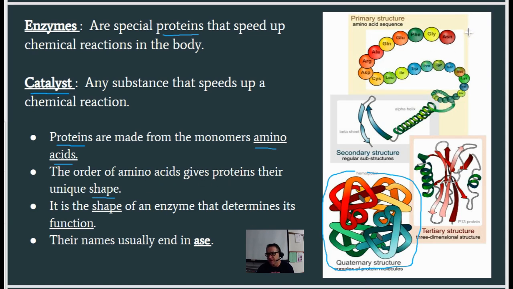So you can see over here, these are all the amino acids: asparagine, glycine, phenylalanine, glutamic acid. So it's the sequence, the order of these amino acids when put together that's going to give the protein its three-dimensional shape. And it's that shape there that's going to determine what its job is. So the shape of an enzyme determines its function, what its job is.